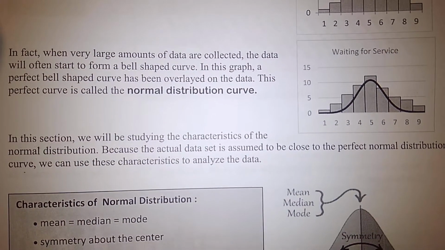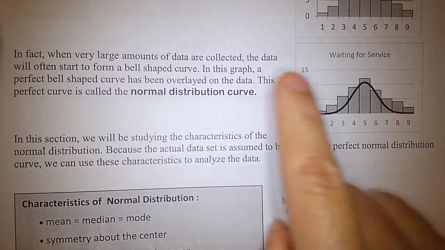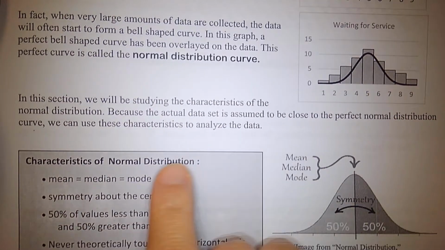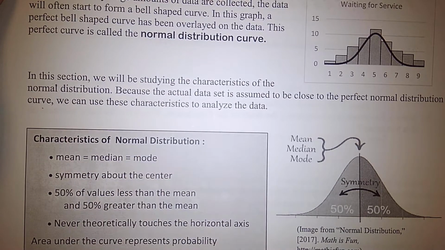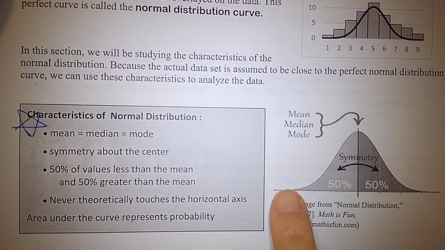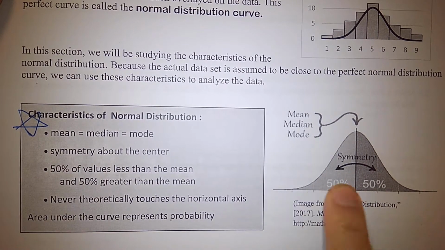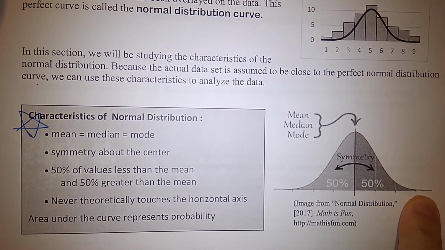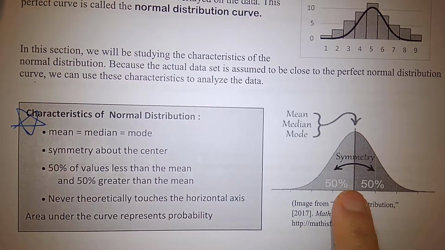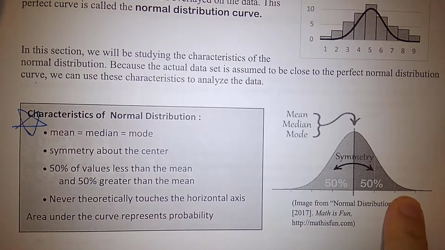So far we know a normal distribution curve is a bell-shaped symmetric curve. We also know some characteristics of normal distribution. You may highlight this. All of these data values spread out on this horizontal line. Mean, median, and mode are all equal to each other for a normal distribution.